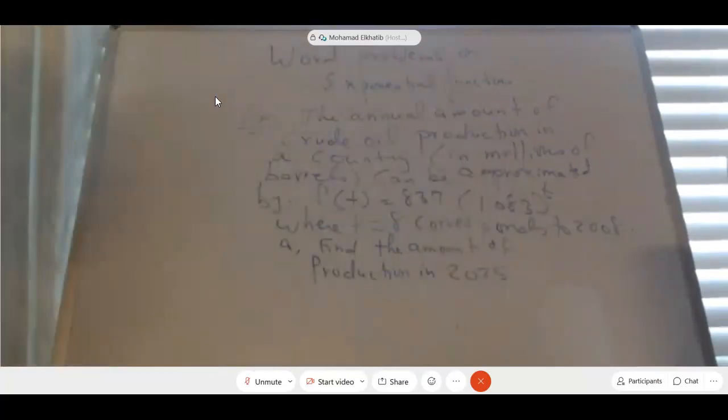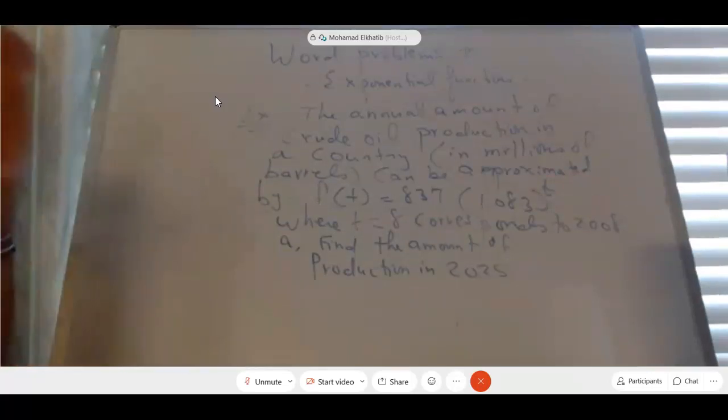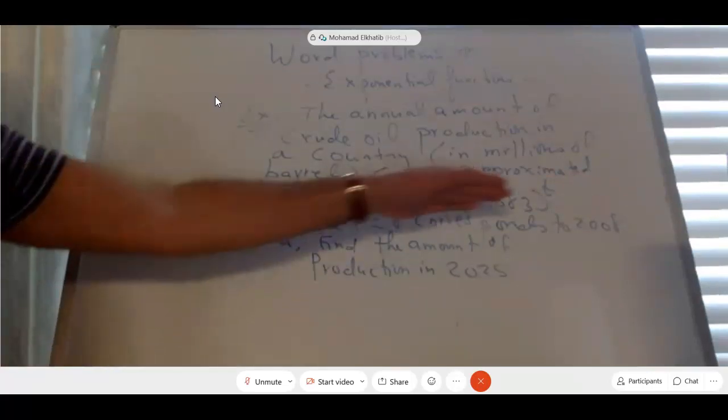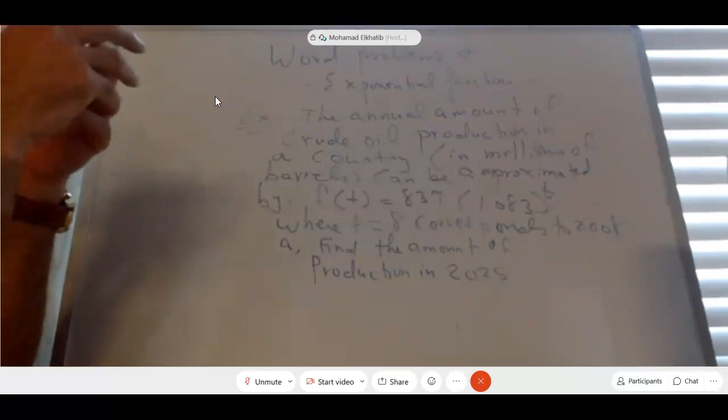We want to be sure everybody understands the question. The value of f of t here is the amount of crude oil production, but in what? In millions of barrels. So how did I get to this part here? Basically, what you do is you look for a pattern.